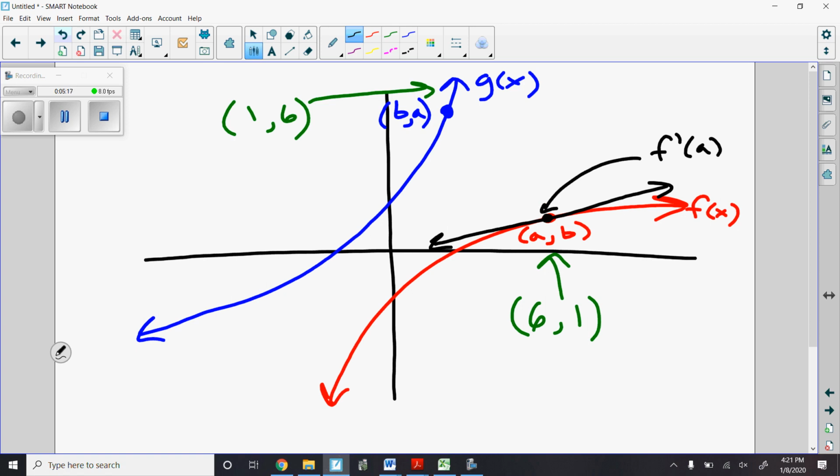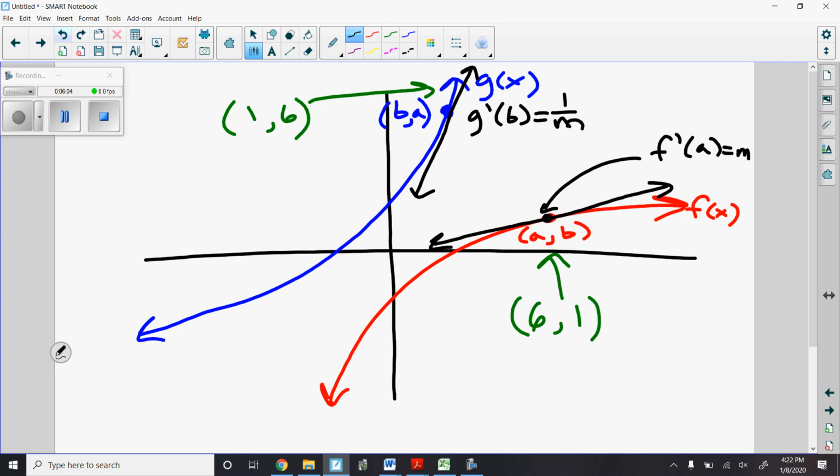Let's say F prime of A has a slope of M. Then at the corresponding point BA, the slope of the tangent line is going to be the reciprocal of M. Over here, G prime of B would have a slope of 1 over M. For example, if F prime of A is a fourth, then G prime of B would be 1 over a fourth, which would be 4.